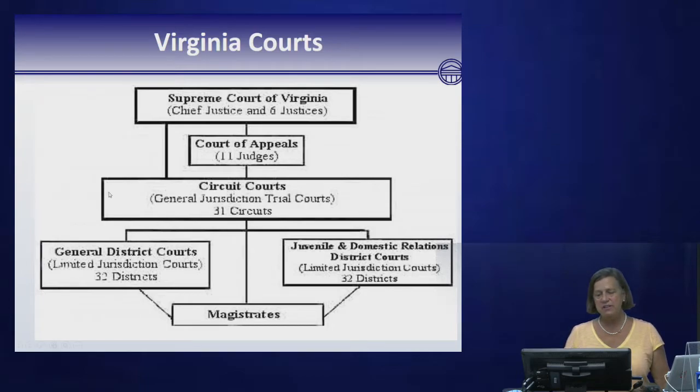You'll see, though, that there's a line going directly from the Circuit Court to the Supreme Court of Virginia, and if indeed you have a dispute involving the State Corporation Commission, or you've received the death penalty, or in an instance where an attorney has been disbarred, there's an automatic right to appeal to the Supreme Court of Virginia, although other than these three exceptions, appeal to the Supreme Court of Virginia is discretionary.